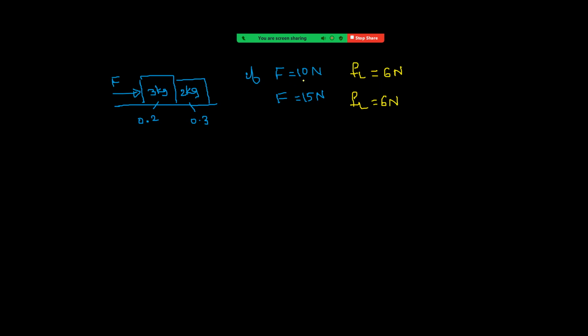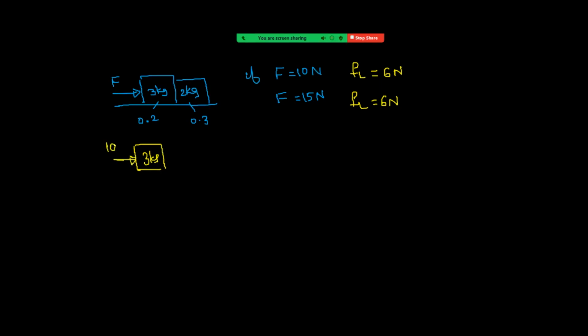For the first case, given 10 Newton, the system does not move. Therefore, on each block, the net force must be 0. I am repeating, on each block, the net force must be 0. Let us draw the FBD for the 3 kg block and the 2 kg block separately.